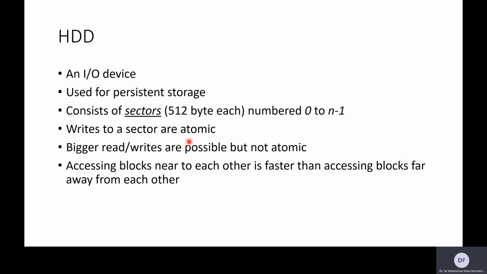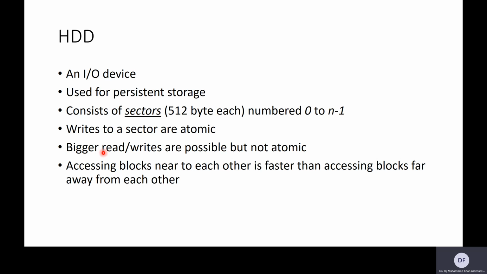It will not happen that our write gets interrupted in the middle and half of the sector is written and half of the sector is still not written. So it will be performed atomically. Either the whole sector will be written or none will be written at all. So writes to sectors are atomic.